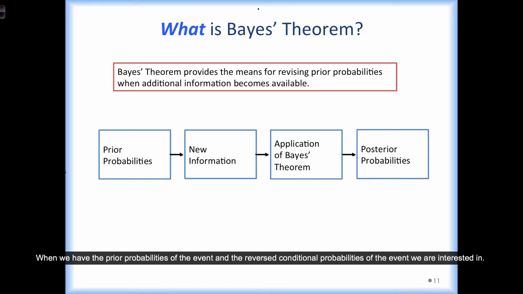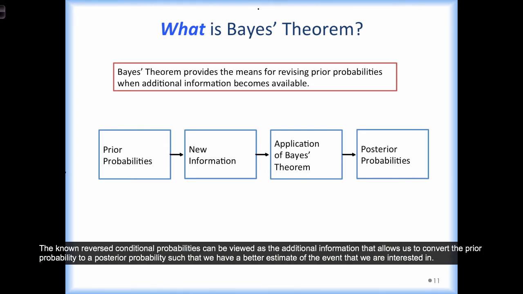When we have the prior probabilities of the event and the reversed conditional probabilities of the event we are interested in, then the non-reversed conditional probabilities can be viewed as the additional information that allows us to convert the prior probability to a posterior probability, such that we have a better estimation of the event that we are interested in.